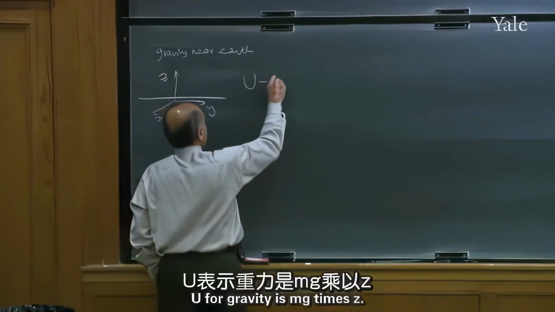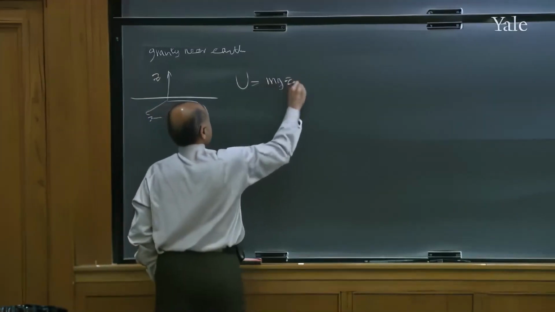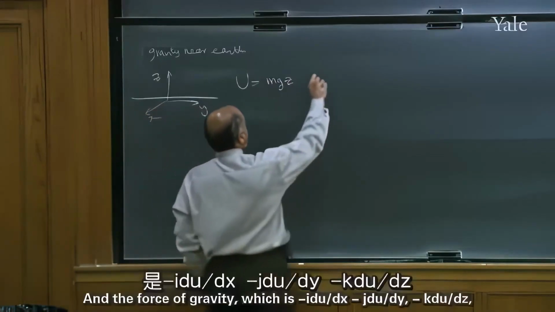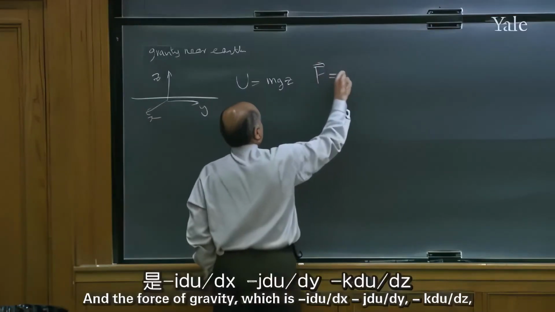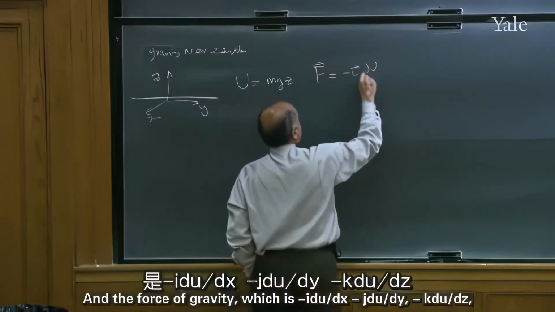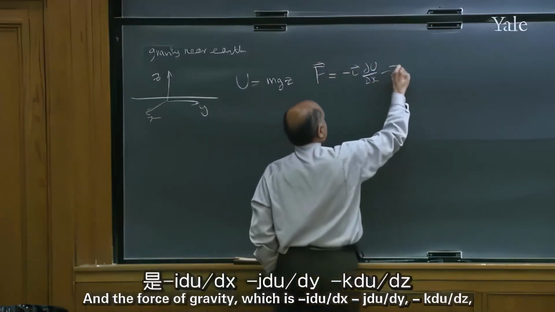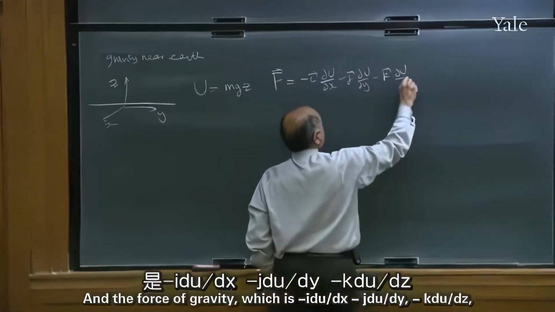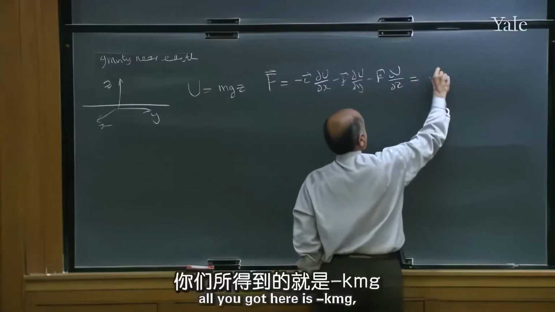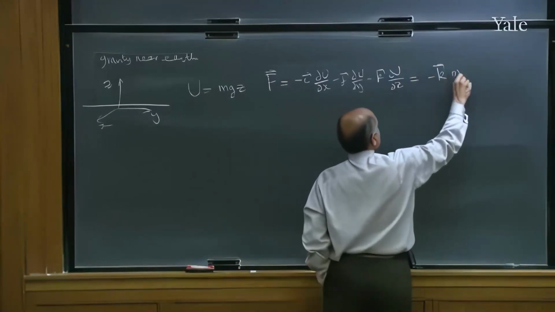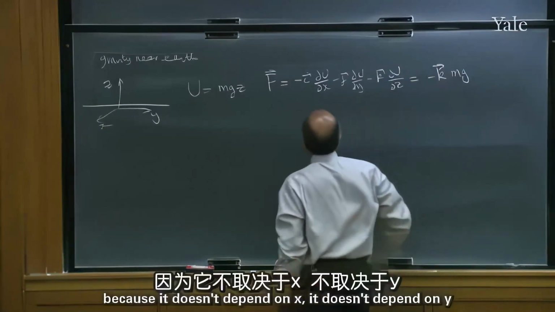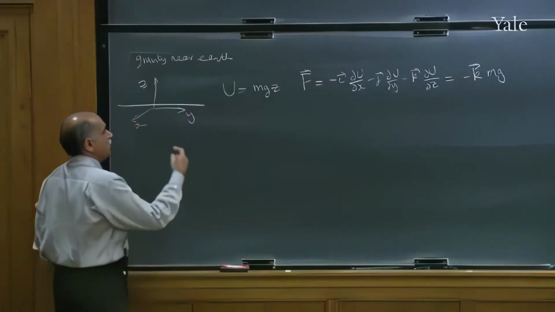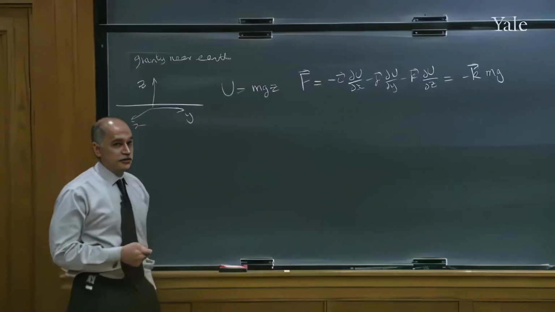U for gravity is mgz. And the force of gravity, which is minus i du/dx, minus j du/dy, minus k du/dz, all you get here is minus k mg. Because this doesn't depend on x or y, it depends only on z, and the z derivative is trivial. Force is minus mg pointing down.